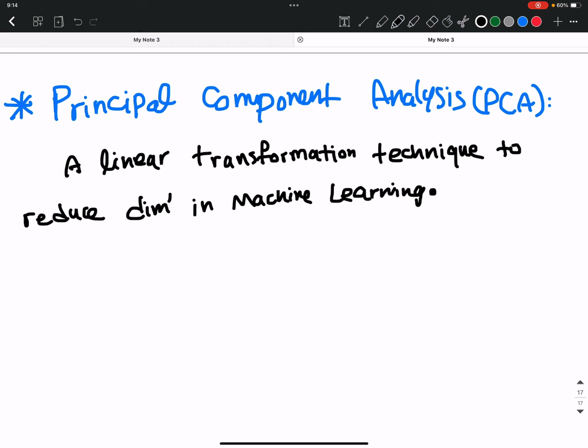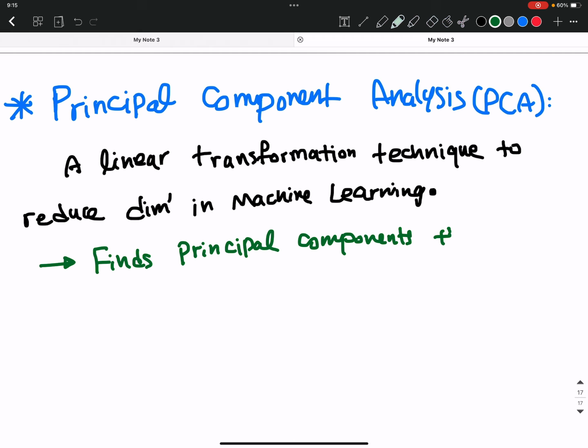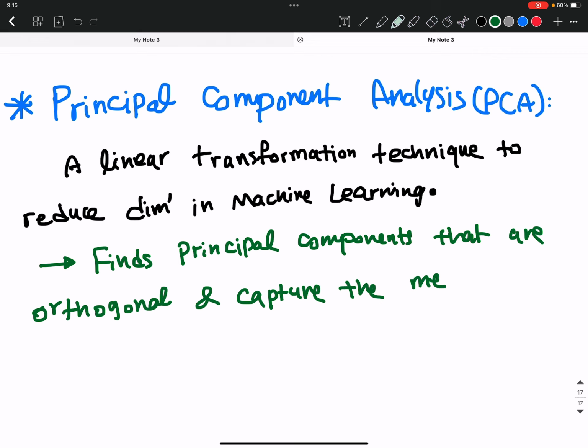Okay. So what does it do? It finds principal components that are orthogonal and capture the maximum variance.